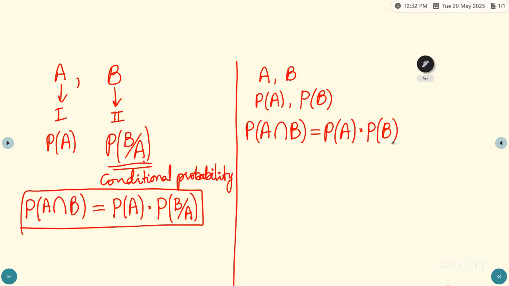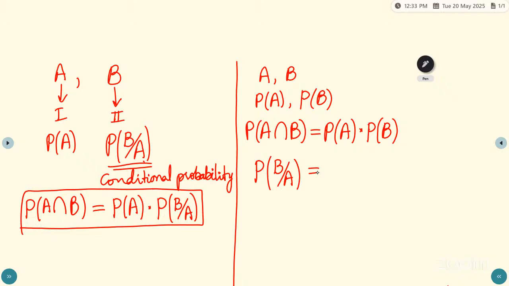Okay. If A and B are two independent events, what is P of B given A? What is the meaning of P of B given A? A happened first and B happened second. So we are going to find the probability of happening of B after happening A. So A affects B or not?